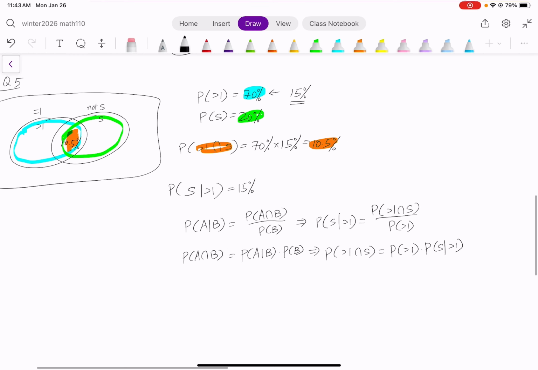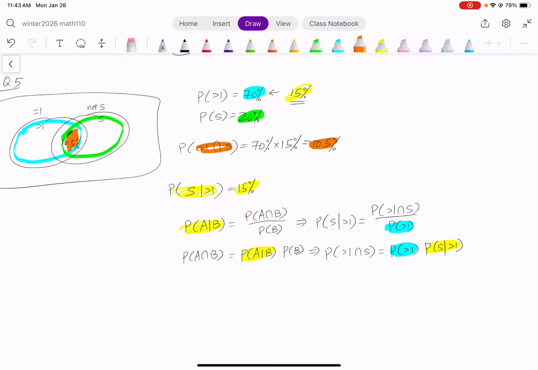Now it sounds like, oh, this is such a long formula, but let me make the correspondence. This is that 70%. This is that 15%, the conditional probability.